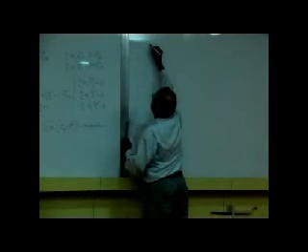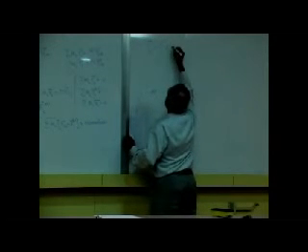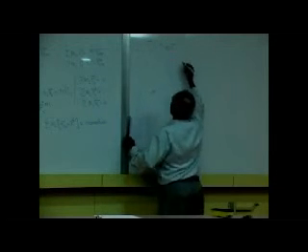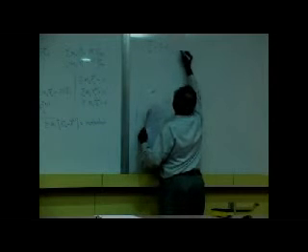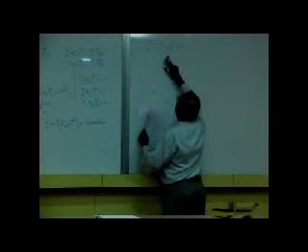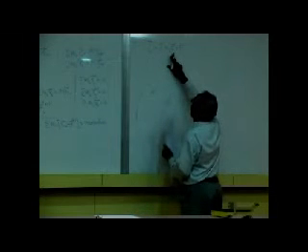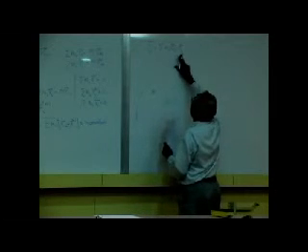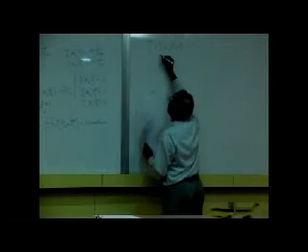Now let's go to angular momentum. We know how to define angular momentum. For the system, L is given by summation of r_i cross p_i, that is, summation of r_i cross m_i r_i dot, where m_i r_i dot is the momentum of the ith particle.